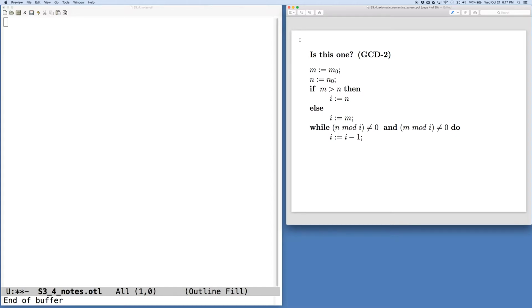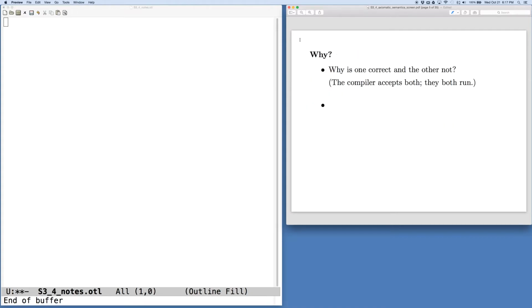What does it mean for a program to be correct? And that's exactly what we want to get to in this discussion. By correctness, what we want to do is prove that a program has a particular property. And so in this case, we have to decide that there must be some property that makes this program the one we want. This one is not going to be the one we want.